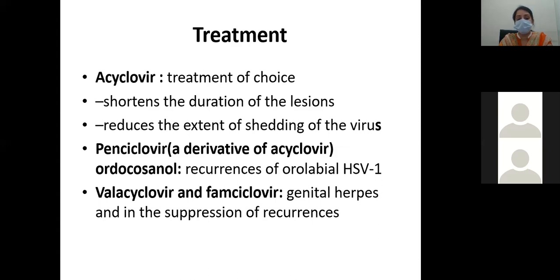We can also use docosanol in recurrences of orolabial herpes simplex virus type 1, and there are valacyclovir and famciclovir. These are used in genital herpes and in the suppression of recurrence.